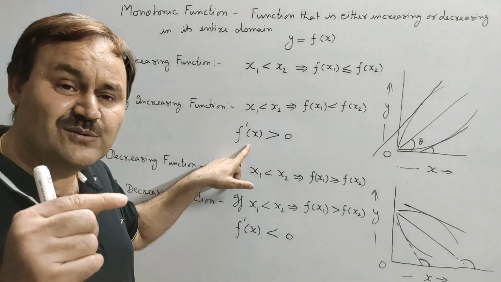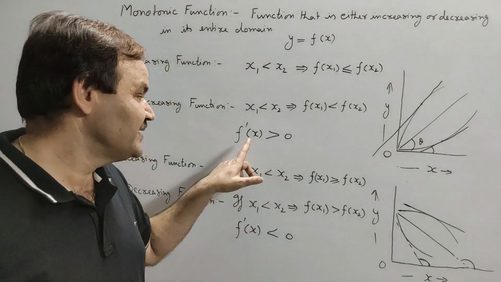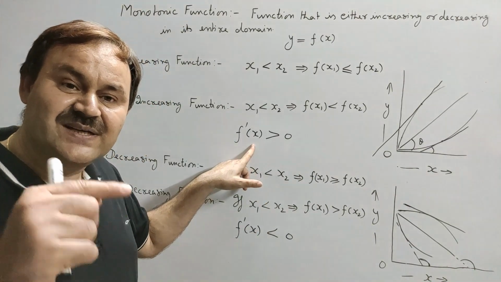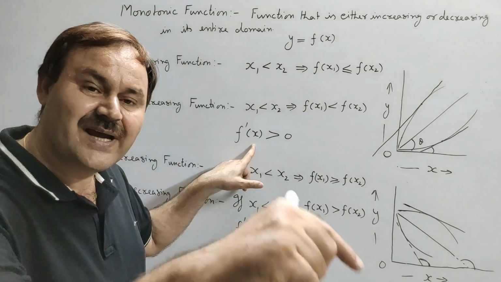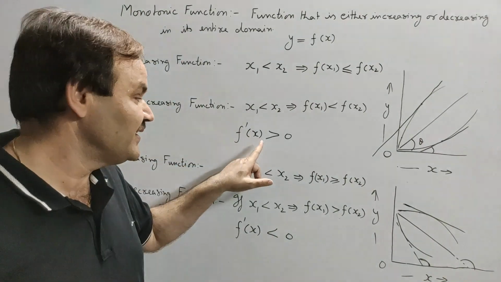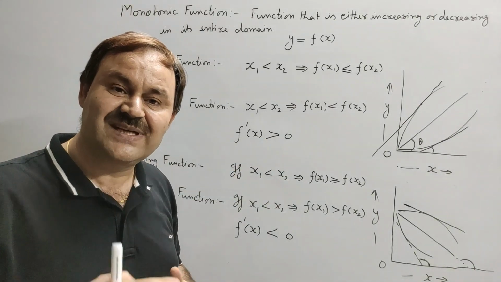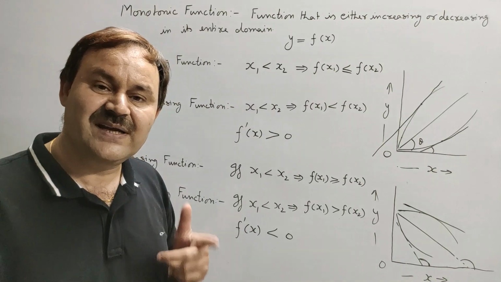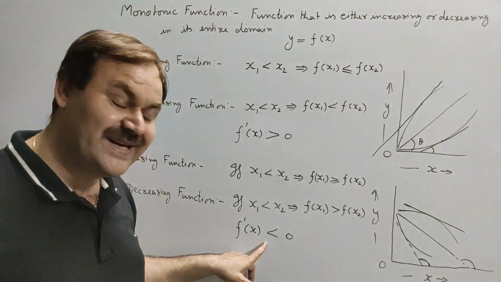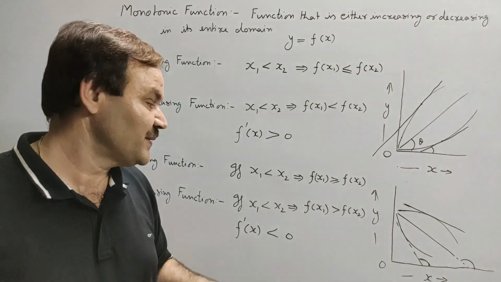If we want to find out whether a function is increasing or decreasing at a point, then we will determine the differentiation of the function at that point. If it comes out to be positive, then we will say that the function is increasing at that point, and if it comes out to be negative, then we will say that the function is decreasing at that point.